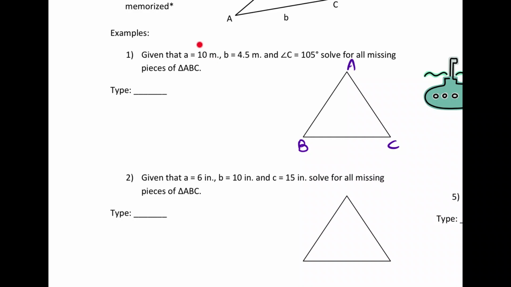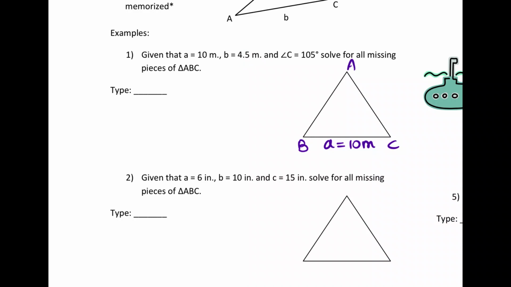First, they have given us side length A is equal to 10 meters. Remember, side length A is always opposite to angle A. So they're talking about this side here. This is side length A, and they have given that as 10 meters. Then the second piece of information given is that side length B equals 4.5 meters.